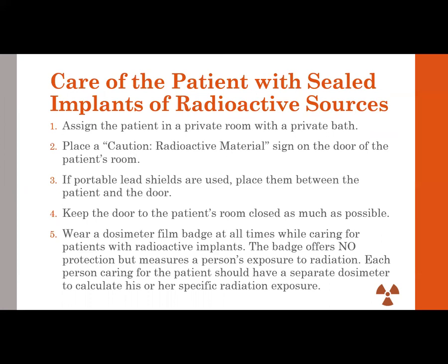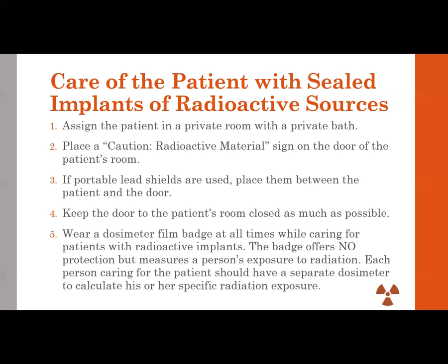Once again, if you think about it, it makes sense, because if they've got some sort of implant with an isotope, we don't want them to spread that radiation to someone else. You want to place a caution radioactive material sign on the door of the patient's room. If portable lead shields are used, place them between the patient and the door. Keep the door to the patient's room closed as much as possible.